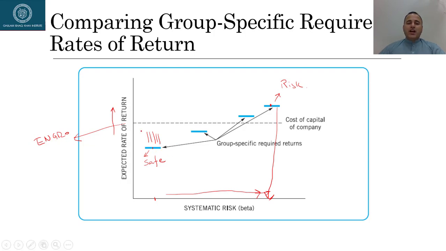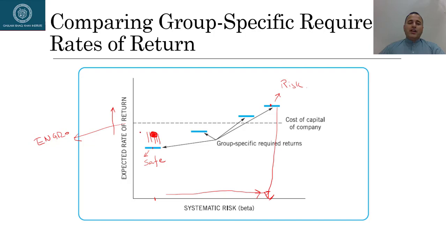So for example, a return for a certain group may be acceptable, like this one here. But if you compare this required return with the company's cost of capital, of course then you reject that project, because the return is less than the cost. So you will reject that.